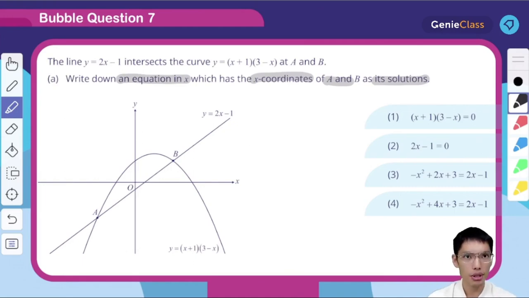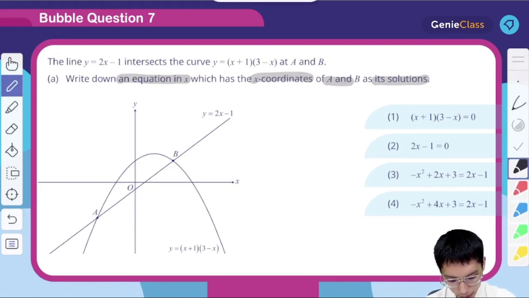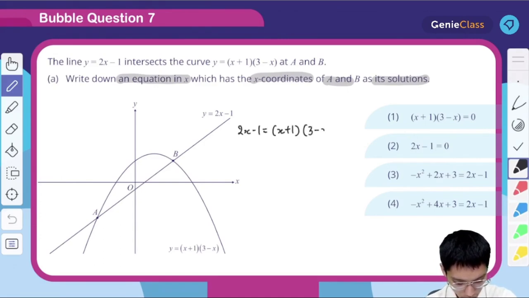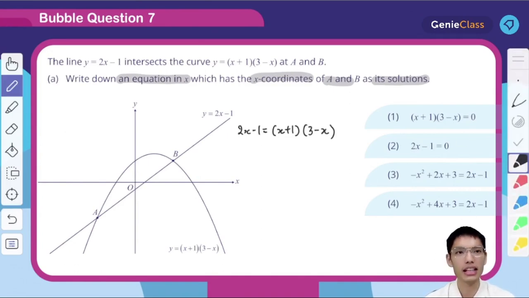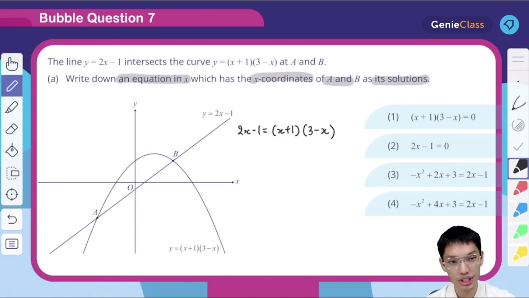Perfect. But again, let me just go through the hang of it. So intersection means what? I have my two lines, my line and my equation equals to each other. So what do I need to do? You realize this is actually it. But if you look at all my choices, it doesn't have it. So they are forcing you to simplify a little bit. So 2x minus 1, expanding it, minus x squared.